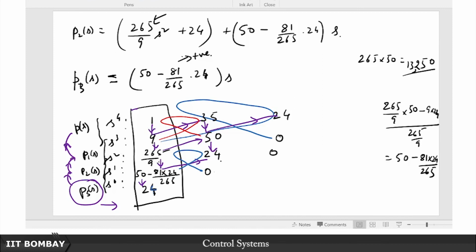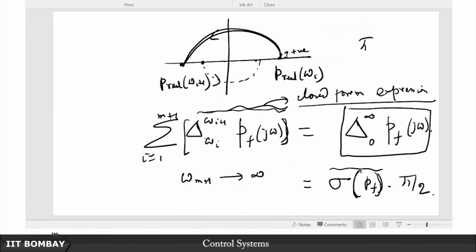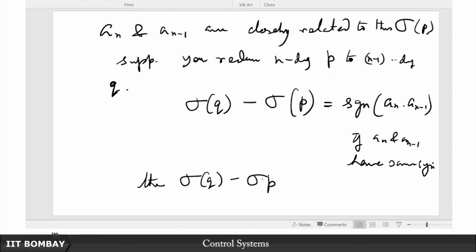If you take the product of these two, and if this is plus 1, that is, if a_n and a_(n-1) have the same sign, then sigma q minus sigma p is equal to plus 1.